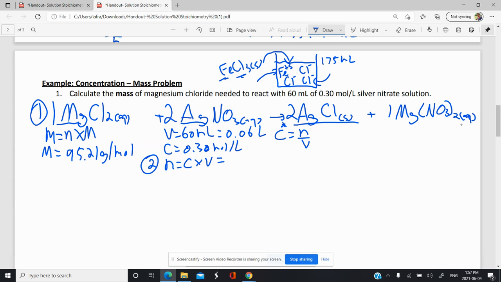So we're going to have 0.30 moles per liter multiplied by 0.06 liters. Cross out the liters there. So we have 0.06 times 0.3, and we get approximately 0.018 moles of silver nitrate. Now that we have the moles of silver nitrate, what can we do to find the moles of magnesium chloride?